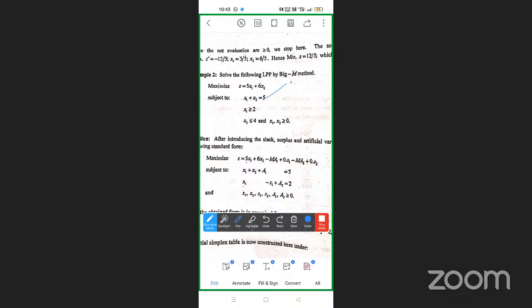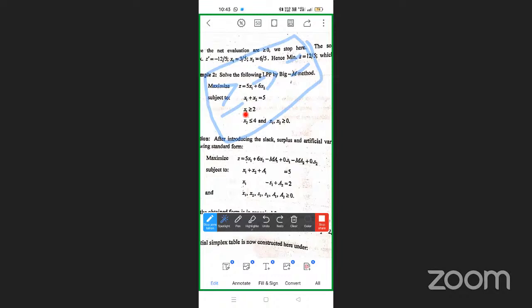Is that clear? The first equation is an equality, so we add an artificial variable A1: x1 plus x2 plus A1 equals 5. Next, the second equation is a greater than or equal to constraint. First we convert the greater than or equal to into an equality, then we add an artificial variable.